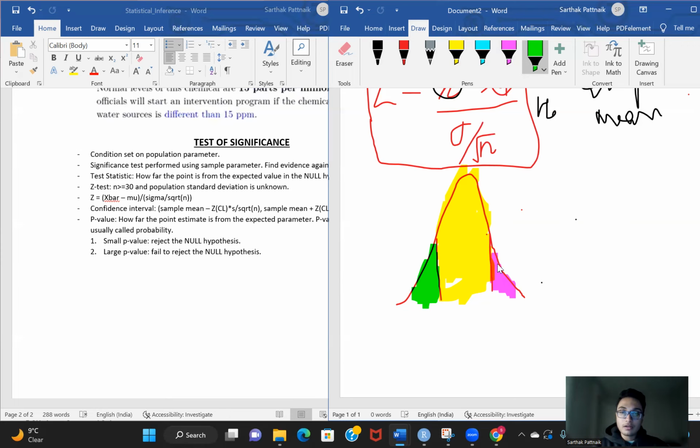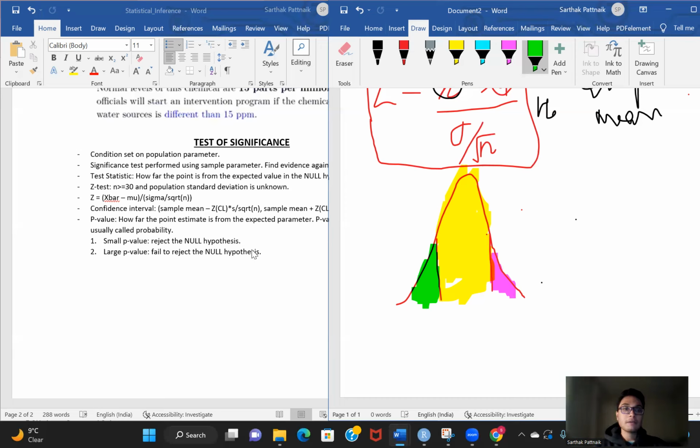So we have to add both of these areas in a double-sided alternative test. Now, p-value, just like our test statistic, is another estimate of how far the exact value lies from the estimated value. There is a condition: if my p-value is extremely small, then we can reject the null hypothesis. If my p-value is large, then we fail to reject the null hypothesis.